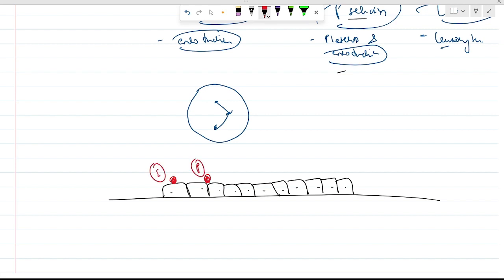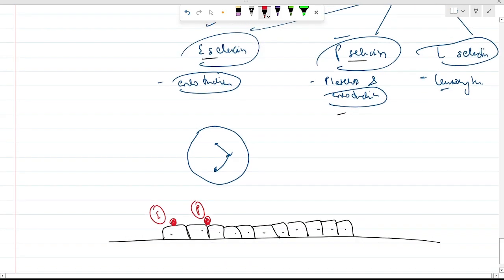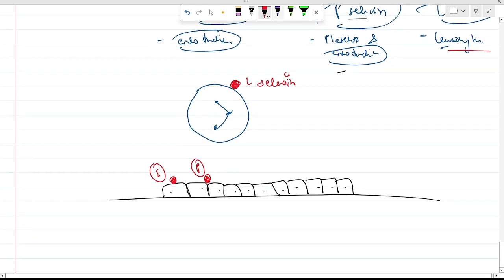E and P. Okay, L-selectin is on leukocytes. Here it is, L-selectin. Then moving forward, here on the endothelium, there is this molecule called GlyCAM-1, also CD34.